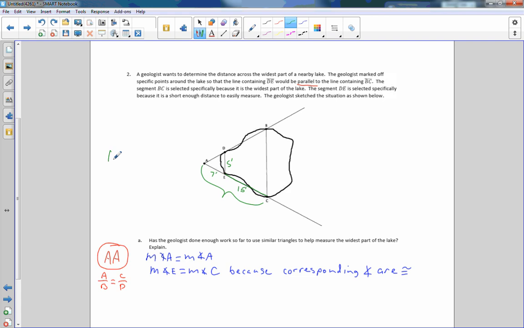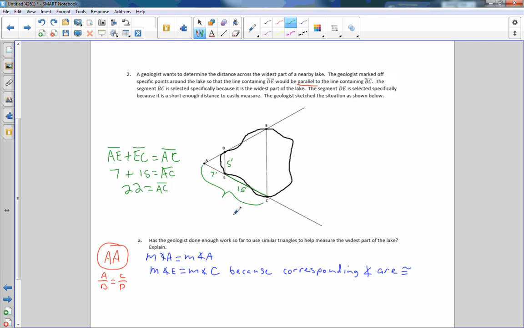If I take the length of AE plus the length of EC, I get the length of AC. So 7 plus 15 is 22. We're finding AC, so I should still call this side AC. And 7 plus 15 is 22, and that's what AC equals.